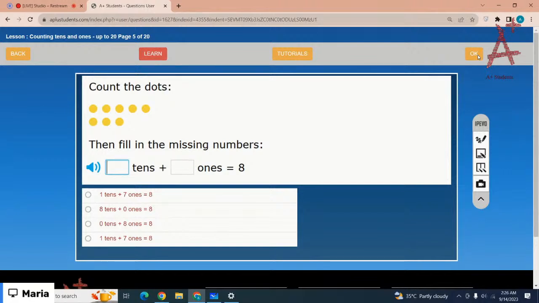That means you have only 8 ones, right? Which is the correct option? You have only 8 ones, no tens, 0 tens and 8 ones. The correct option is option number 3, right? 0 tens and 8 ones.